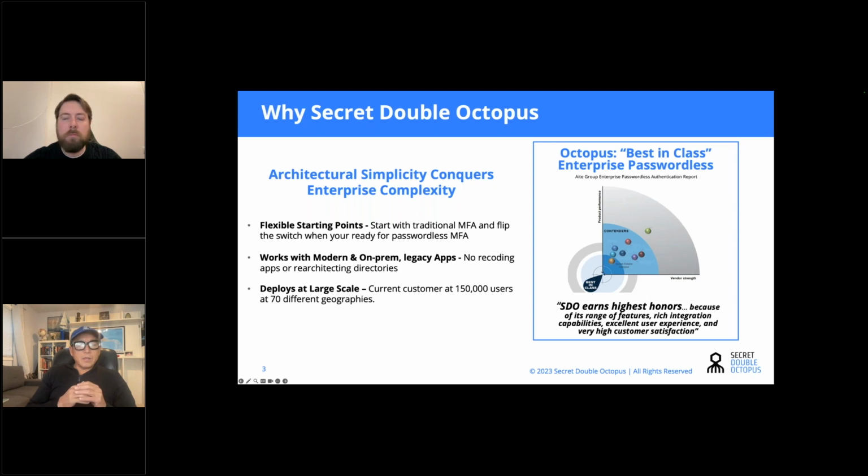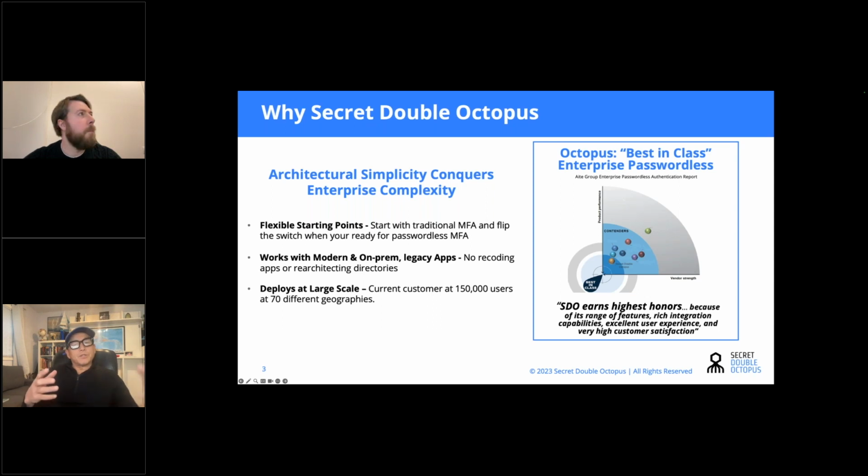What makes us different, and why we can satisfy a broad swath of enterprise complexity and use cases, is that we work with modern applications like single sign-on, FIDO, and X509 certificates, but we also provide passwordless MFA for those password applications that are driving many enterprises, whether they're on-prem or legacy applications.